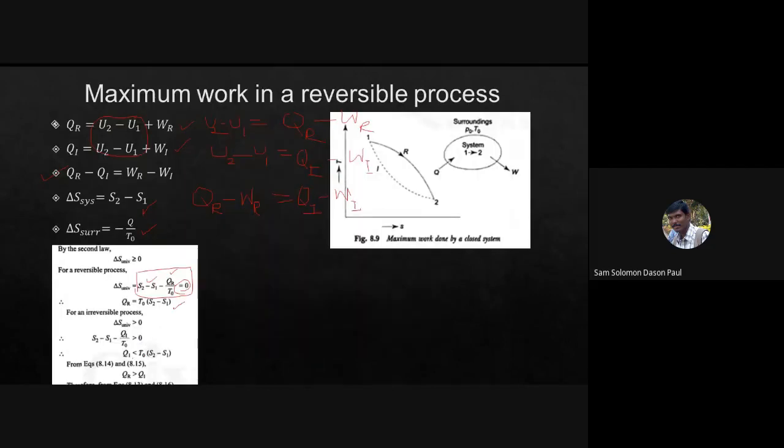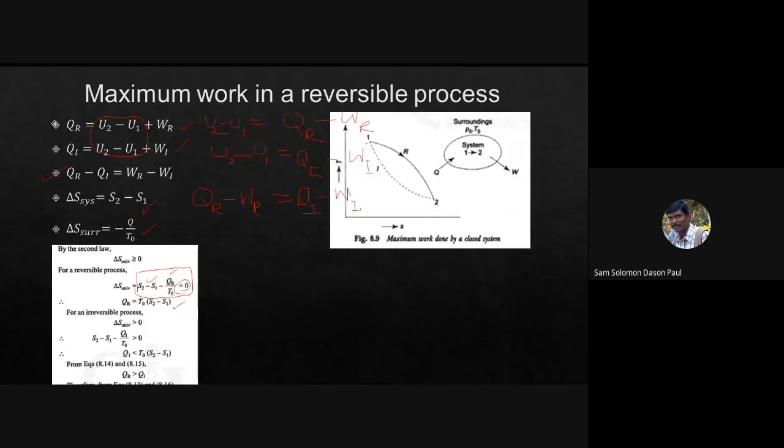So your QI is less than T naught into S2 minus S1. So your QR is greater than QI. The heat transfer in the reversible path is greater than the heat transfer in the irreversible path, which means heat addition in the reversible path is greater than heat addition in the irreversible path.